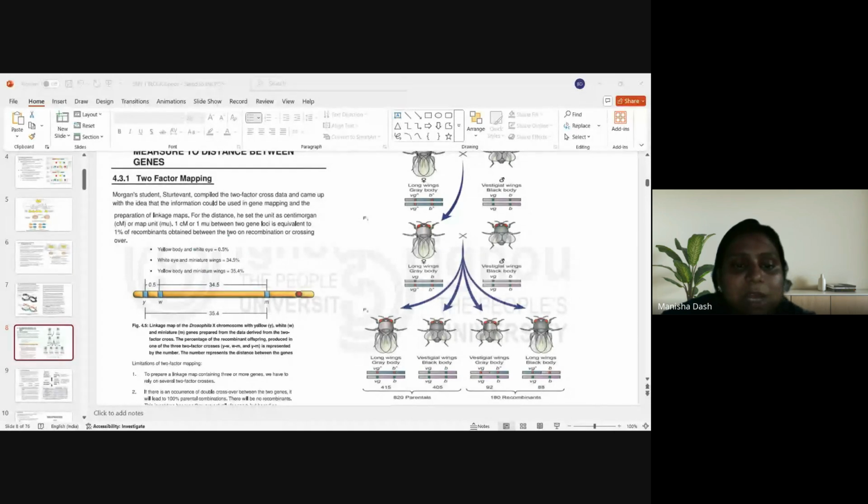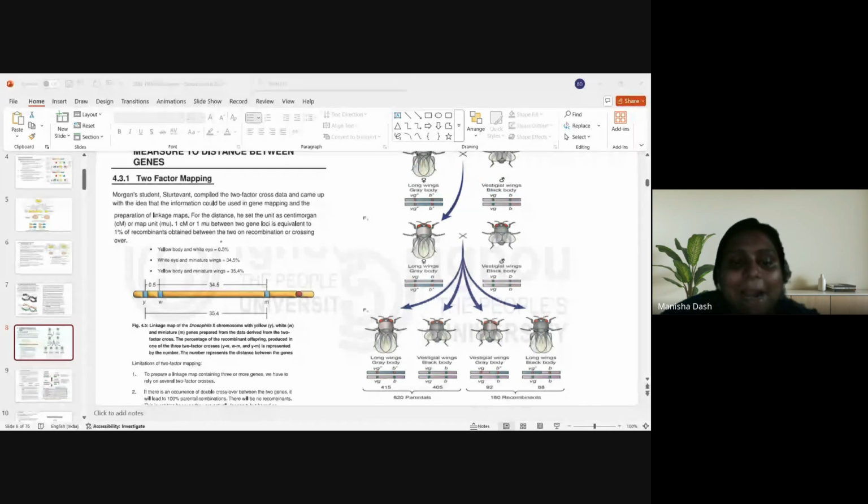Here, as you can observe, the first Drosophila has a long wing with a gray body, and this one has a vestigial wing with a black body. This is the wild type character, commonly found in the population, and this is the mutant or recessive character, because these characters are not very useful for the organism.